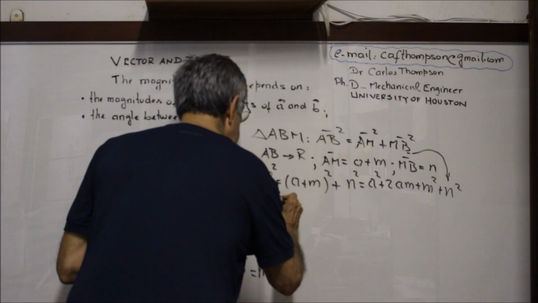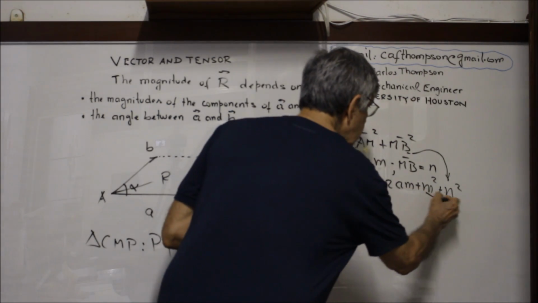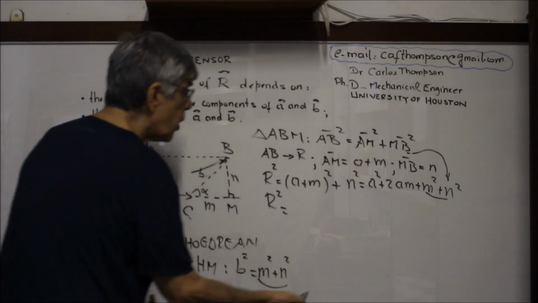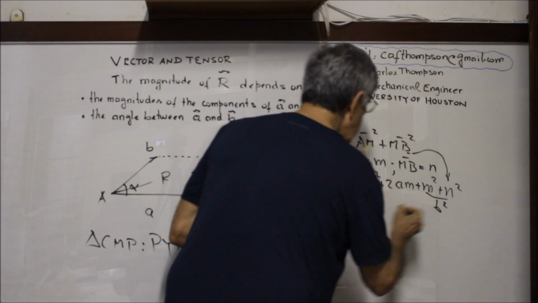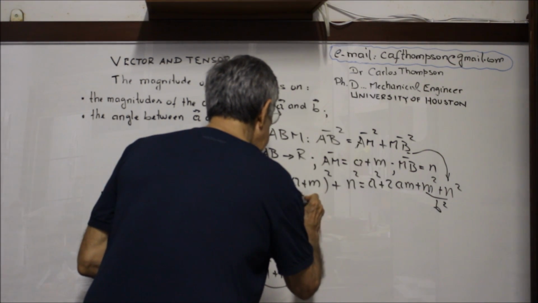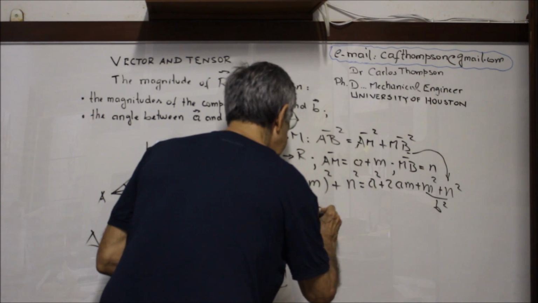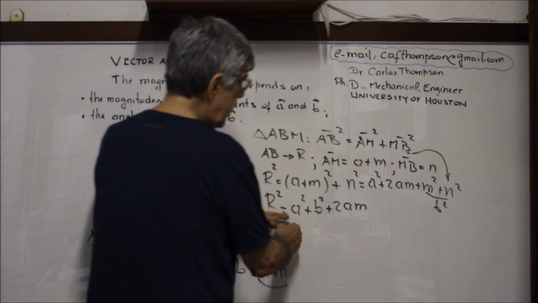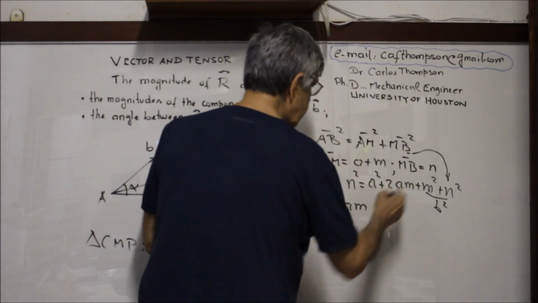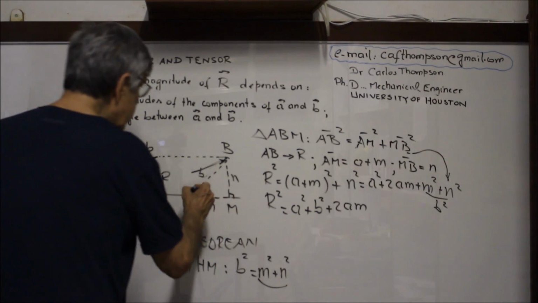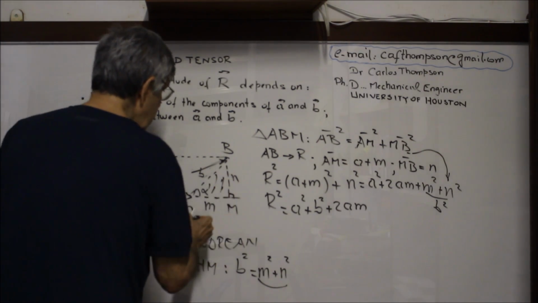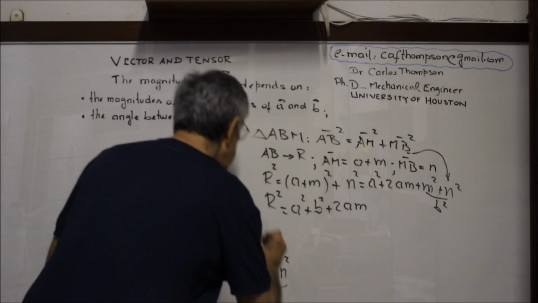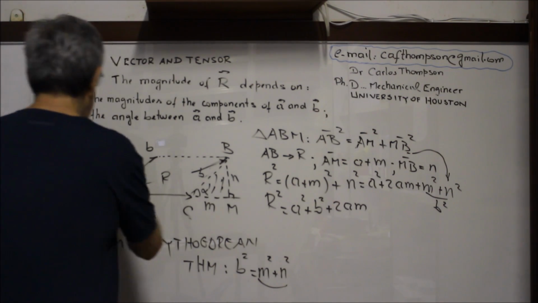Now, R squared is equal to... what is M squared plus N squared? From this triangle, this is exactly B squared. So let's plug in B squared. R squared is equal to A squared plus B squared plus 2AM. Now, from this triangle CMB, what is M divided by the hypotenuse?